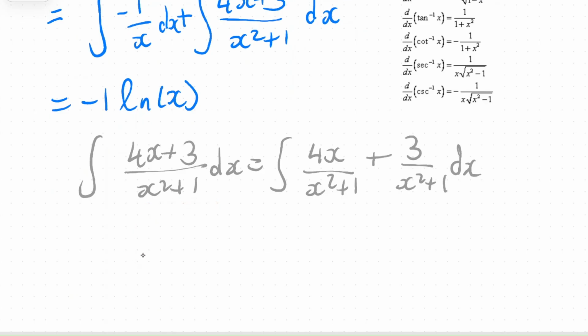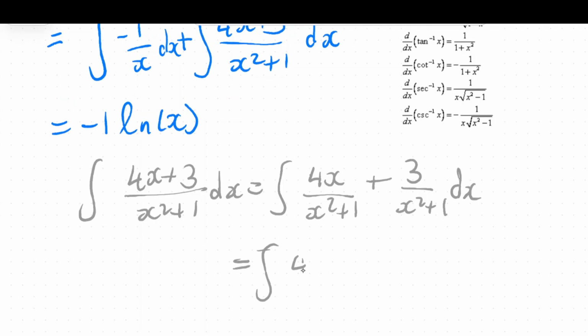We keep the denominator the same, but we break up the numerator, because we see that there's a term here. And so we say, okay, we're going to say 4x over x squared plus 1 dx plus the integral of 3 over x squared plus 1 dx.